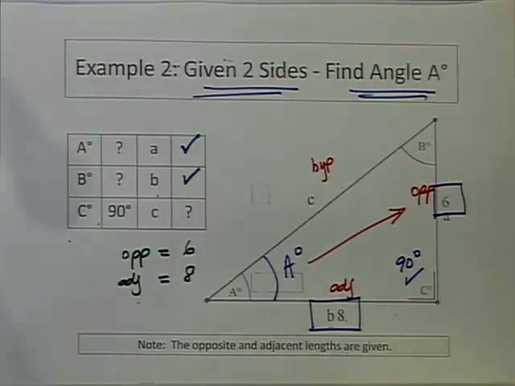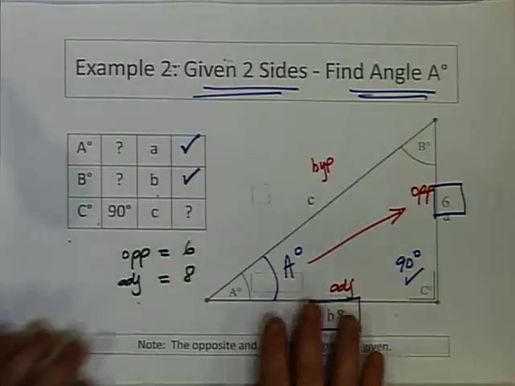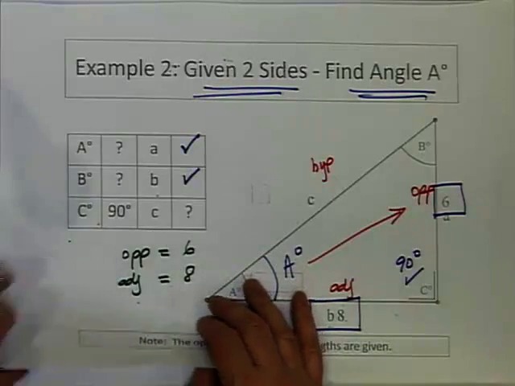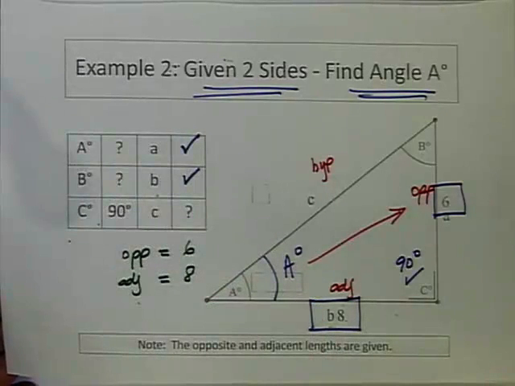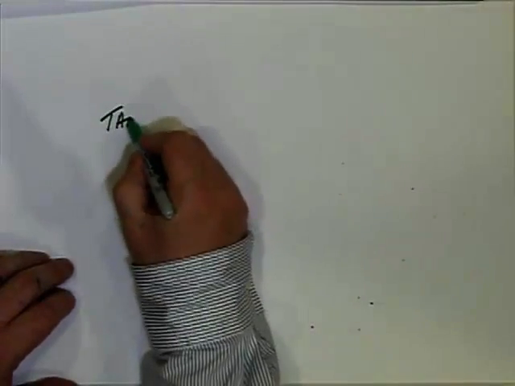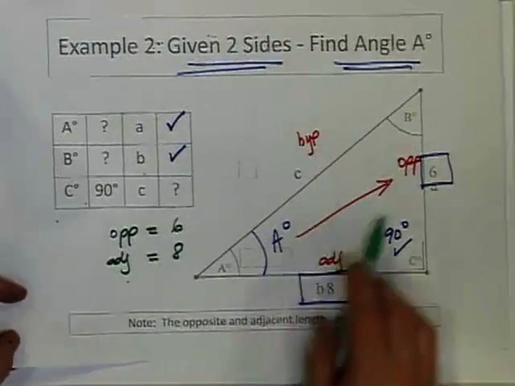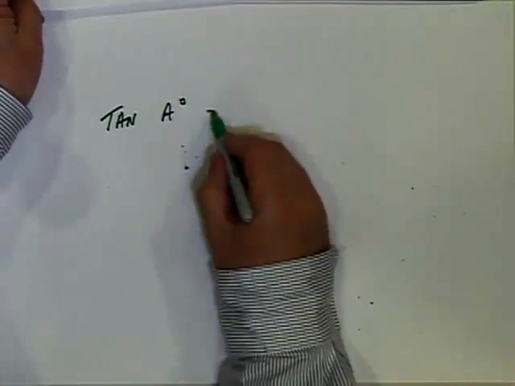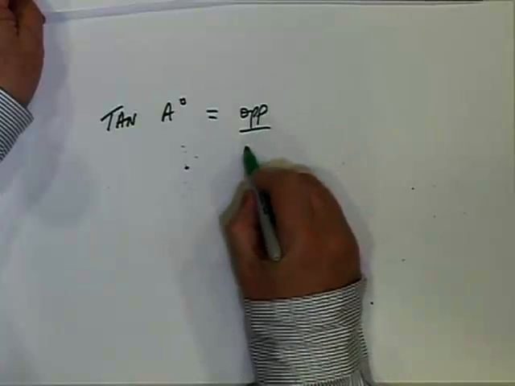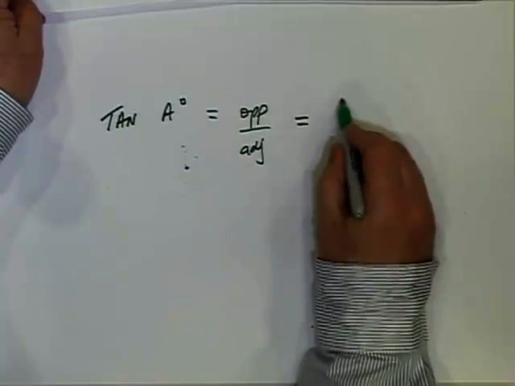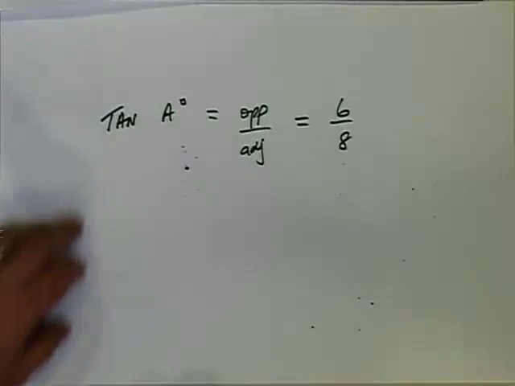Do you know any equation at all that links the opposite and the adjacent together? Tan. Basically, it says that tan A is opposite over adjacent, which is 6 over 8.